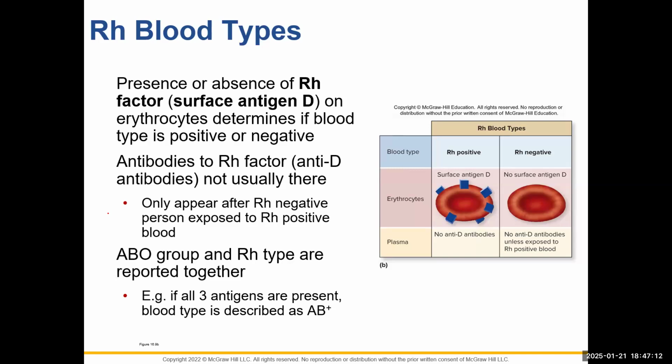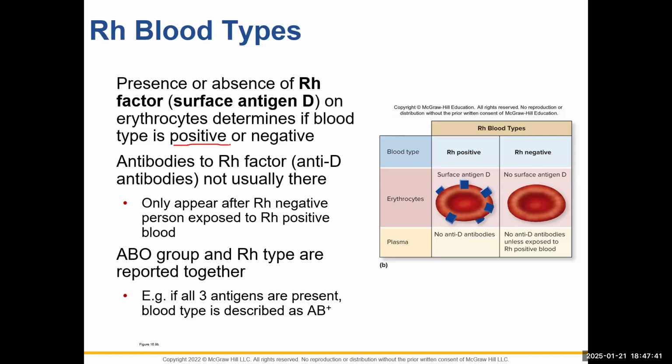That positive has to do with what we call the Rh factor, also known as the surface antigen D. Since I am A positive, I do carry the surface antigen D on my red blood cells. If I was negative, I would not have that surface antigen D there.